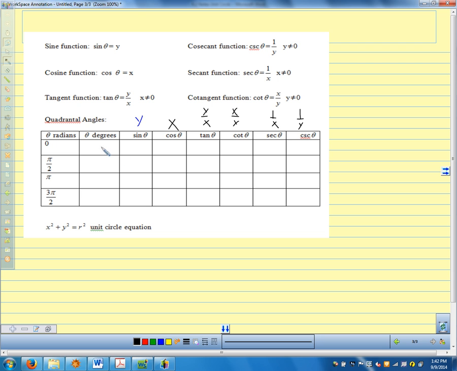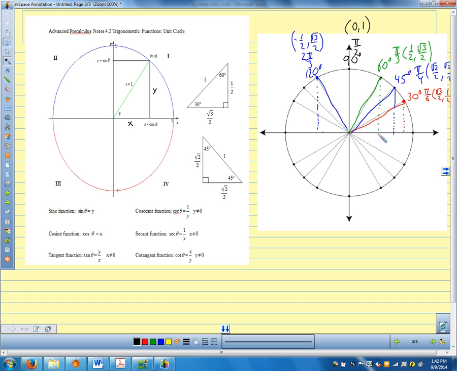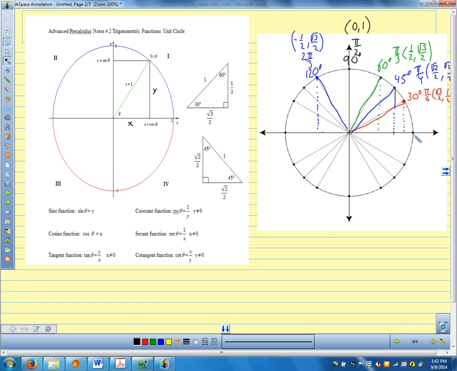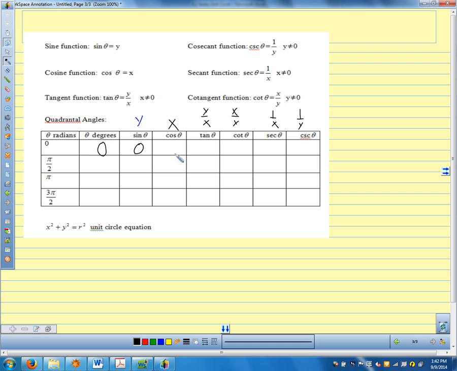So 0 radians is 0 degrees. What's the y coordinate at 0 degrees? I'm right here. How far up and down am I if I'm right here? 0. Cosine. If I'm out here at 0 degrees, what's the x coordinate? 1, because my radius is 1.